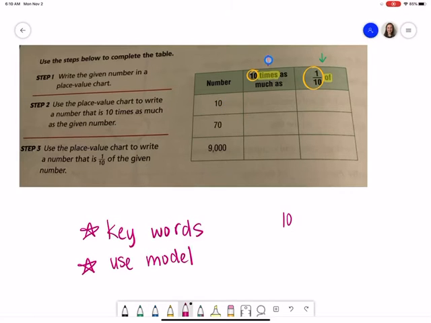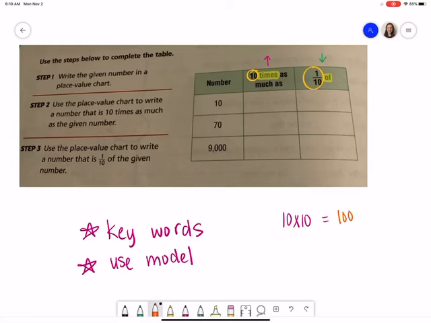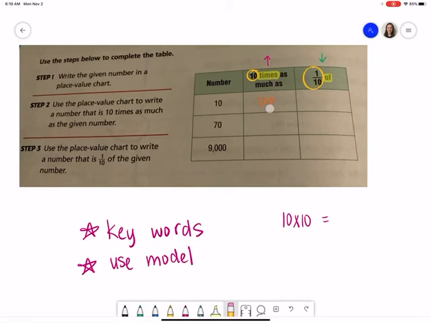And to move up in place value, we're going to times it by 10. 10 times 10 is 100. So there we go. There's 100. And actually I'm going to try to get a color that's easier to see. So I'm not sure how easy that 100 is to see.